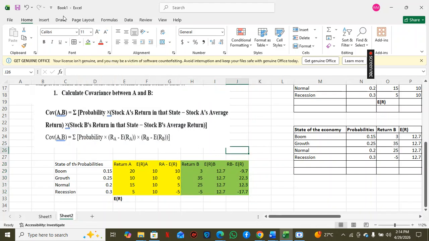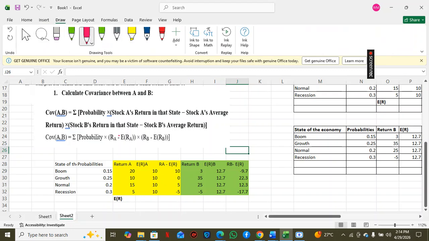This is what we've done so far: return minus expected return. Now we're going to multiply with the probabilities. We're multiplying each of these deviations here; these are the ones that we're going to multiply with the probability.